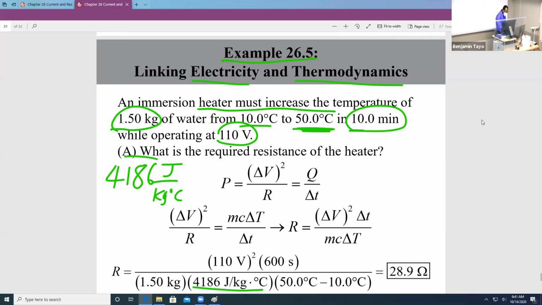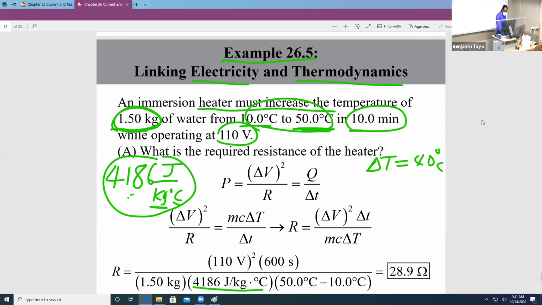So this is how much energy I need to raise the temperature of 1 kilogram of water by 1 degree Celsius. So we need to take this quantity and multiply by the mass, which is 1.5. And then we also multiply this by the change in temperature, delta T, which is 40 degrees Celsius.